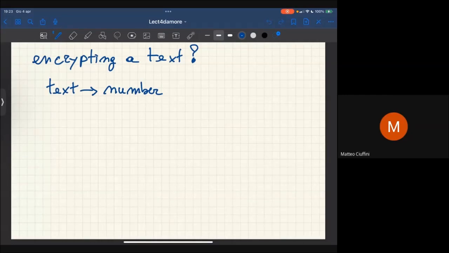But notice, please, that we need that the number should be less than N, but N is very, very big.